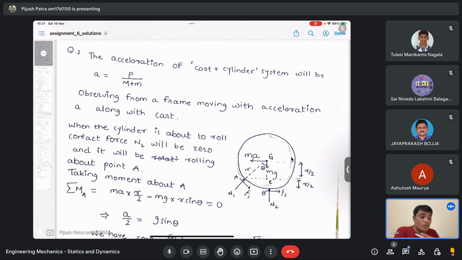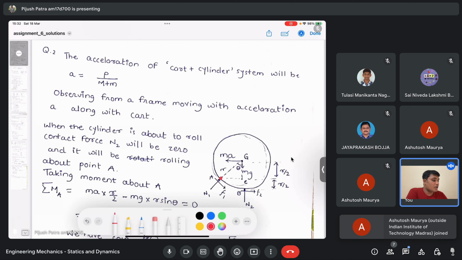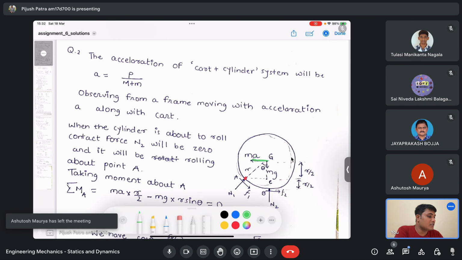So now you have to apply the force balance, or Newton's second law, for this entire system. So again, as I said, this is the point of contact, because the m into a of that entire thing will act in this direction. This is the m into a, as far as the roller is concerned.